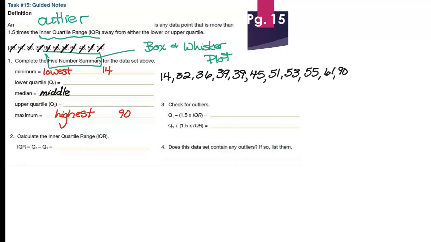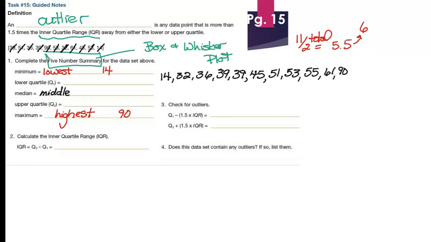Okay. So the middle number, how many pieces of data do I have total? 11. So how do I find the middle? Okay, you could cross them out, or you could take 11 divided by 2 and get 5.5, and go up to the next whole number.